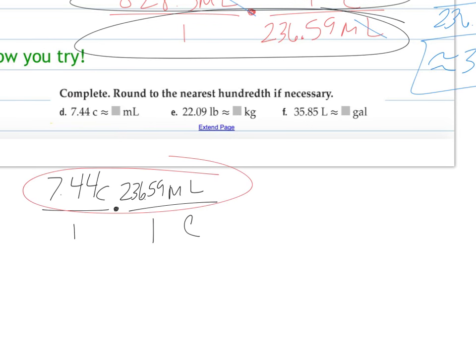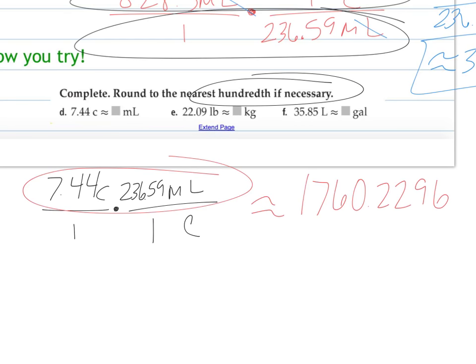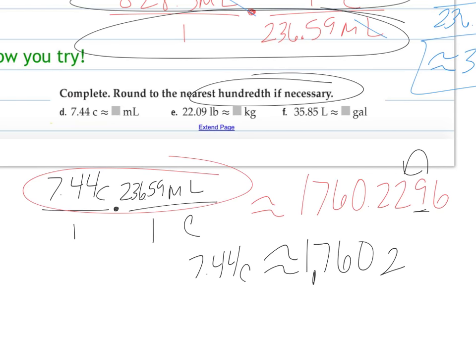When I multiply across, I get approximately 1,760.2296 10,000ths, rounding to the hundredths, rounding up. So that's approximately equal to 1,760.23 milliliters.